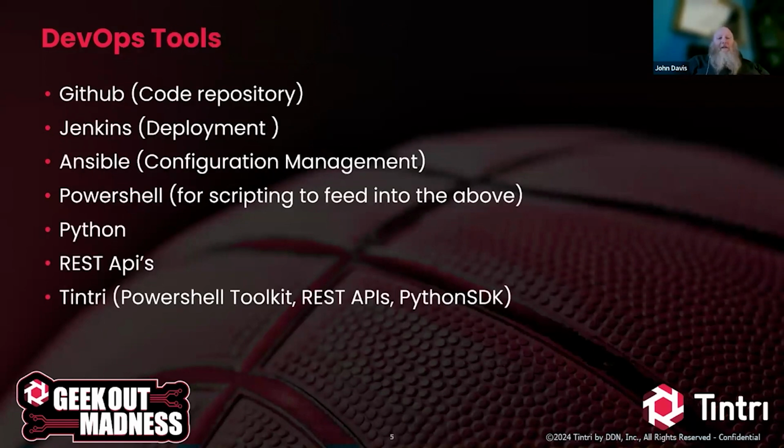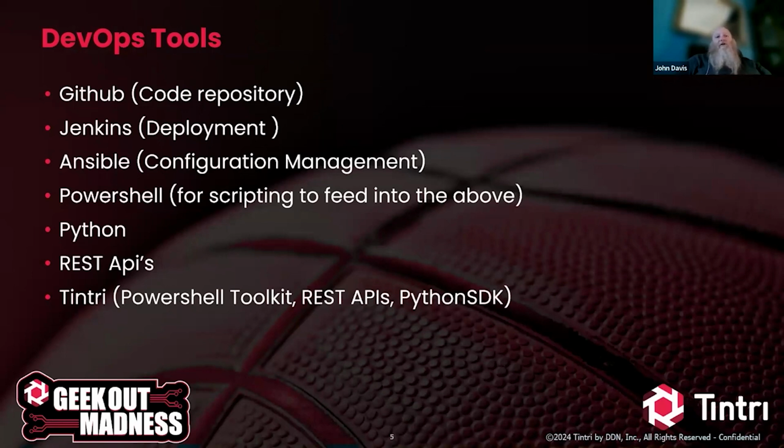Now, when we talk about DevOps as a topic, and when you read about DevOps, oftentimes you start hearing about things like GitHub, Jenkins, Ansible, PowerShell, Python, REST APIs, all kinds of things that go into building these pipelines. And so you can integrate a bunch of different things that help with that processing I was talking about earlier.